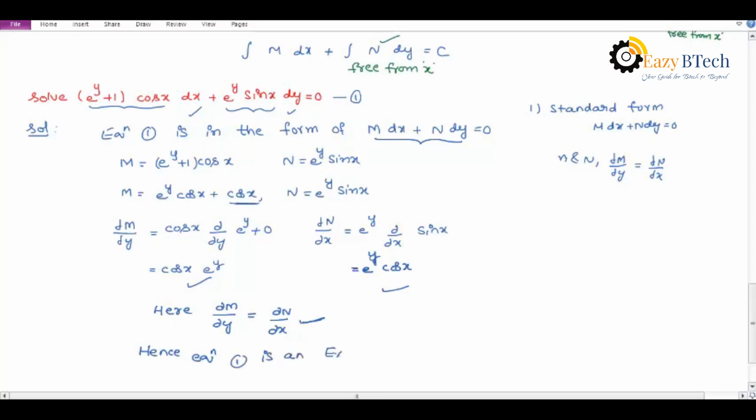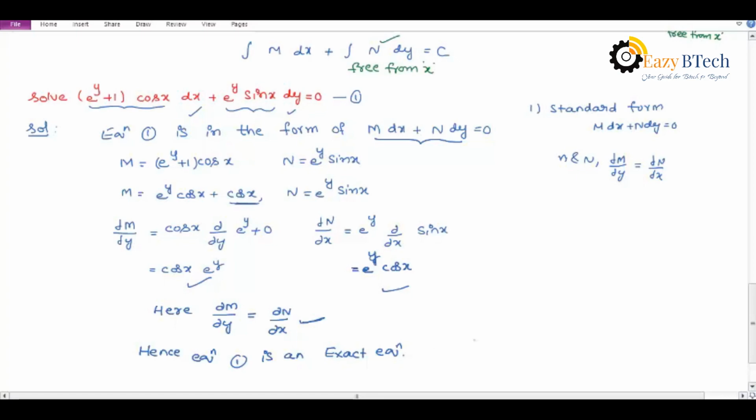How can we say that it is an exact equation? Because it satisfies the exactness condition. What is that exactness condition? The exactness condition is ∂M/∂y = ∂N/∂x.